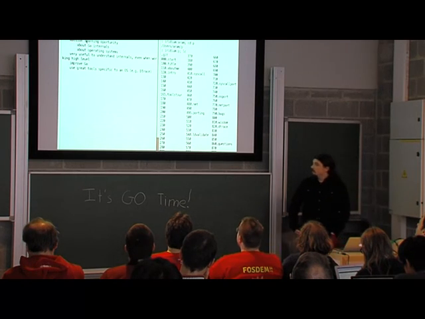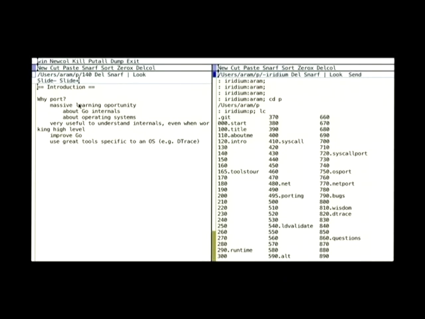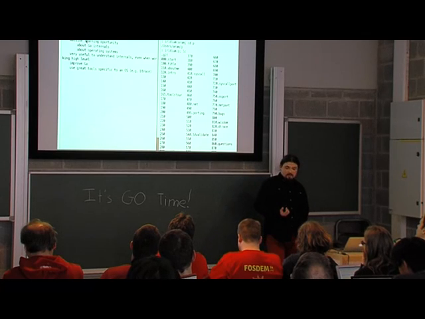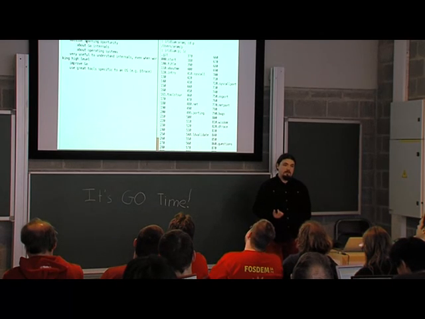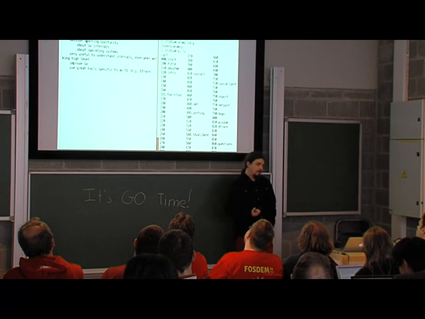So as I was saying, porting Go gives you a massive learning opportunity to learn about its internals, which is a very useful thing, even if you work at the higher level. I mean, you don't have to dive into the runtime and you can just use Go, but Go provides you with some abstractions. And I think it's very valuable to understand how these abstractions work, because I don't think that abstractions are black boxes.